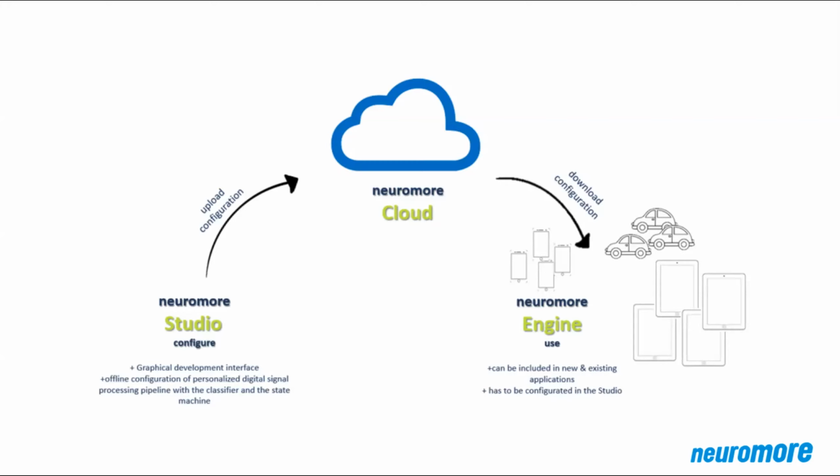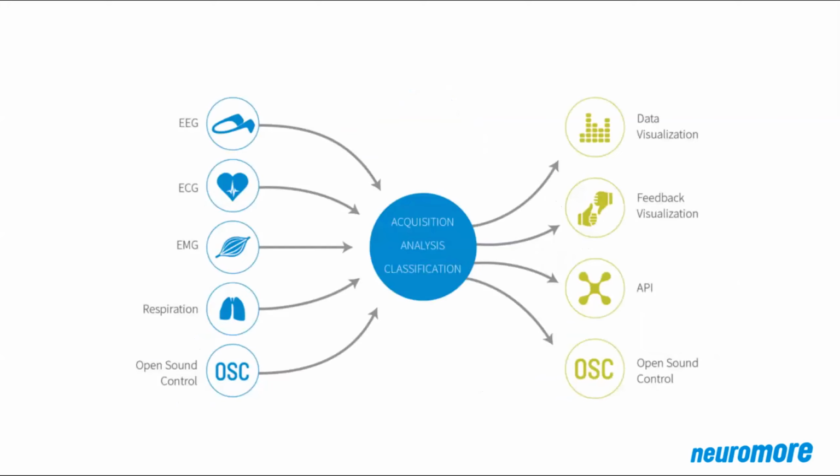So really the core of the neuromore system, as we already talked about in the intro, is that everything started with an Emotiv Epoch. So we support EEG. As of today, we support a broad variety of EEG devices. So from a one-channel NeuroSky device, the Muse 2, the Emotiv Insight, Emotiv Epoch, all the way up to medical grade and even military grade devices.